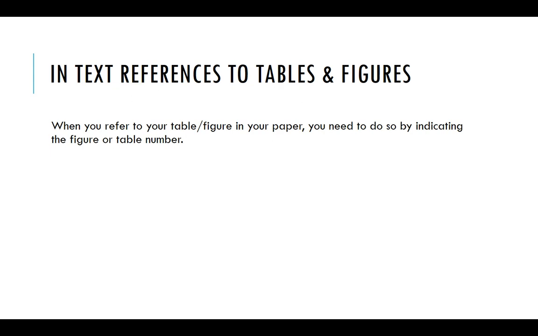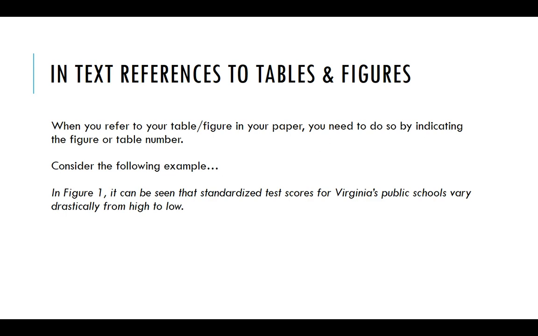Now, when you refer to your table or your figure in your paper, you need to do so by indicating the figure or table number. So consider the following example. In Figure 1, it can be seen that the standardized test scores for Virginia's public schools vary drastically from high to low.